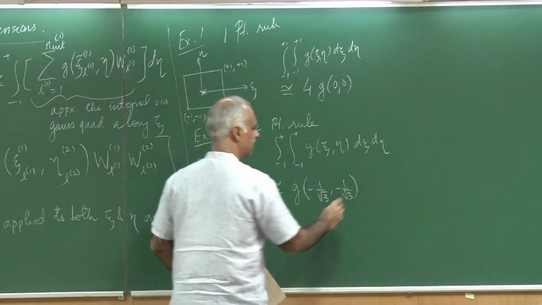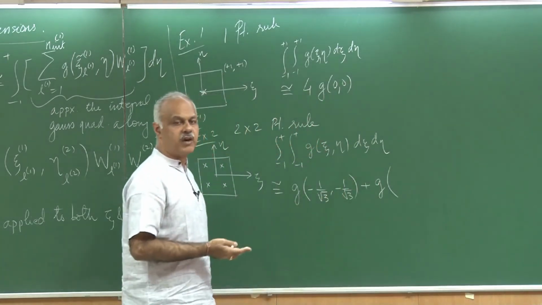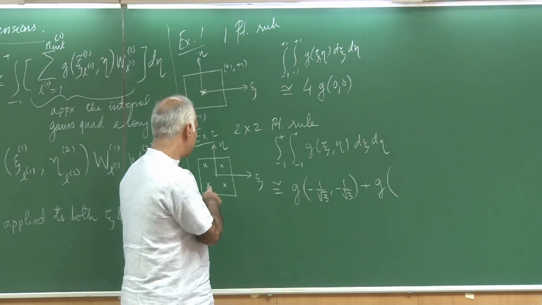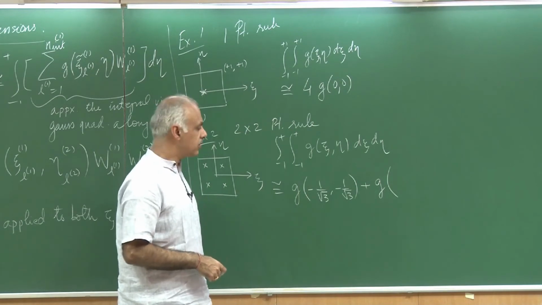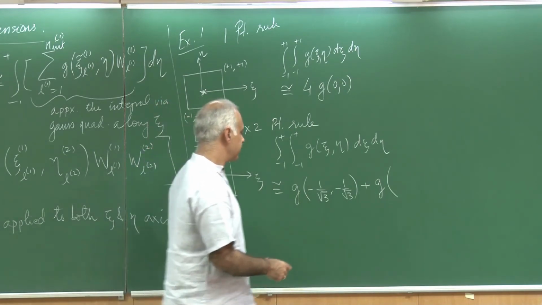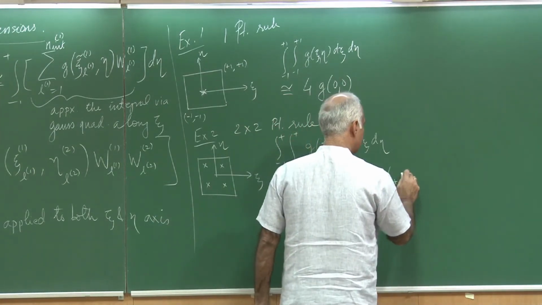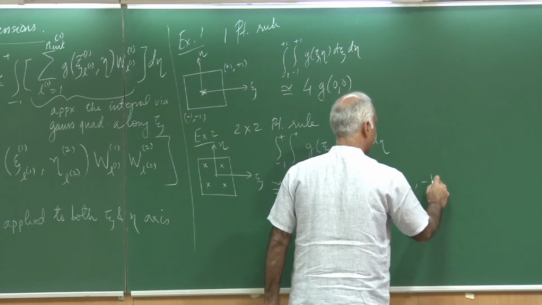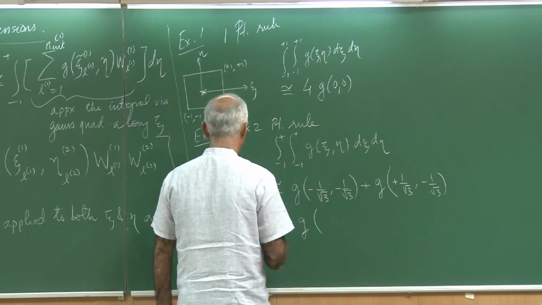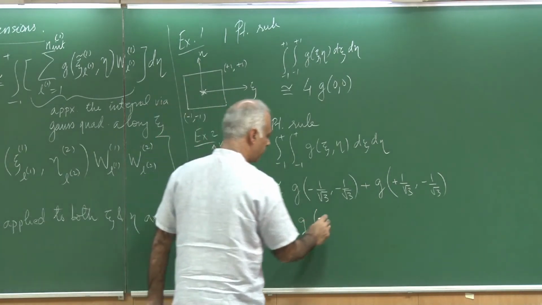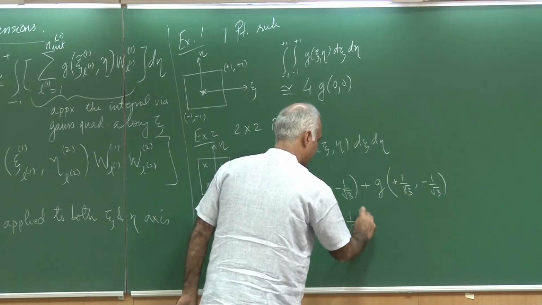minus 1 over root 3, plus g times the weight, but the weight is 1. Okay, so in 1 dimension, if you remember, for the 2-point quadrature, the weight was 1 for both the points, so the product is also 1. Then I evaluate g at the second point, which is plus 1 by root 3 and minus 1 by root 3, plus g evaluated at this third quadrature point, which is 1 by root 3, 1 by root 3.